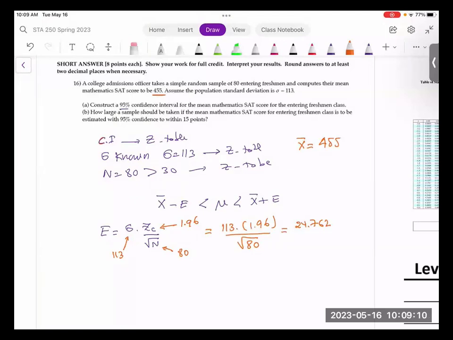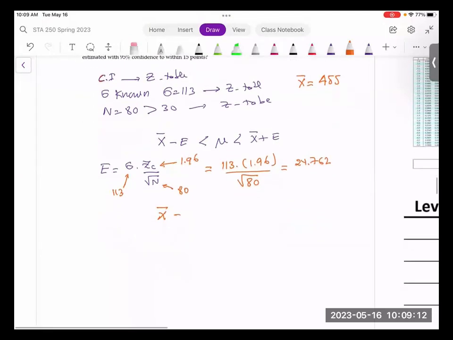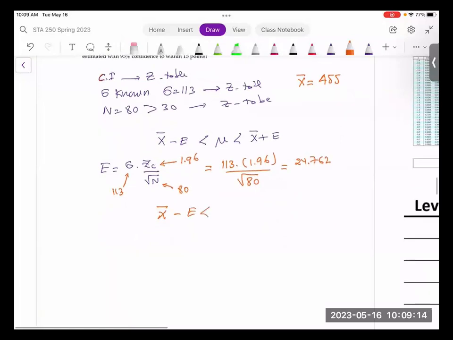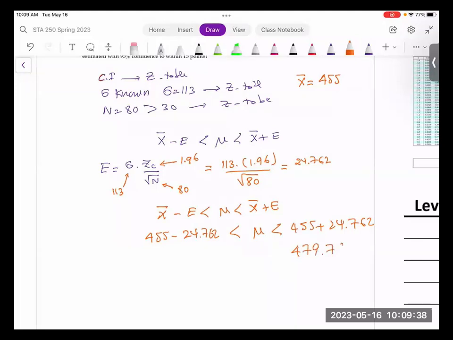So you're gonna go back to the formula, the X bar minus the error, the mean is in between, X bar plus the error. So this is gonna be 455 minus 24.762. And this is the mean, and this is 455 plus 24.762. All right. Probably I can do one of them. Is 479.762 here.